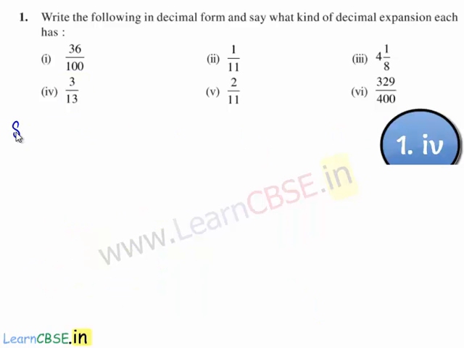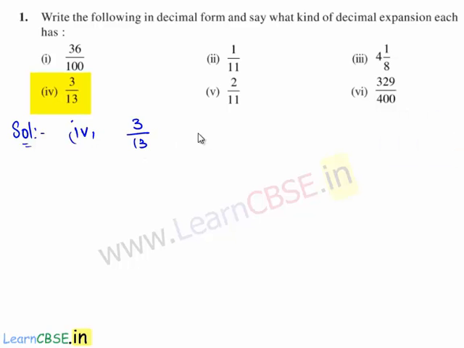Now let us move on to the fourth bit. Here we need to find the decimal expansion for 3 upon 13. So we divide 3 by 13. Since 13 does not go in 3, we take 0. So 13 times 0 is 0, and we are left with the remainder 3. 13 does not go in 3 again, so we take a decimal point. 3 becomes 30.